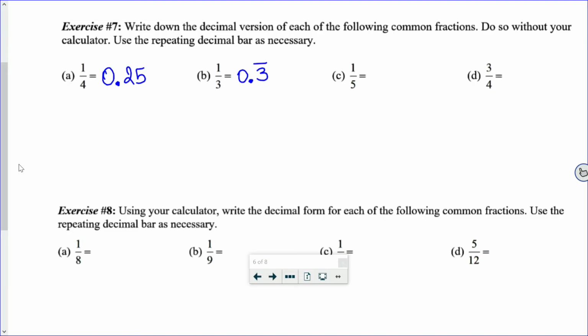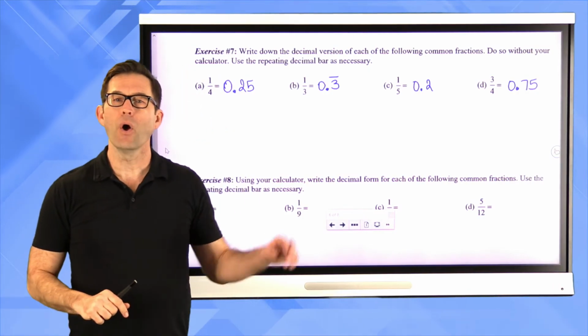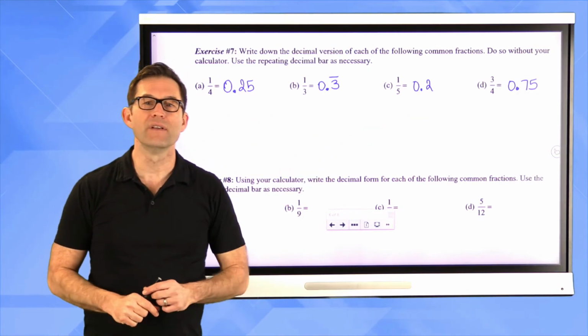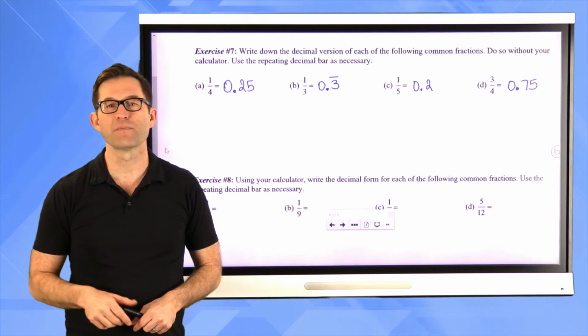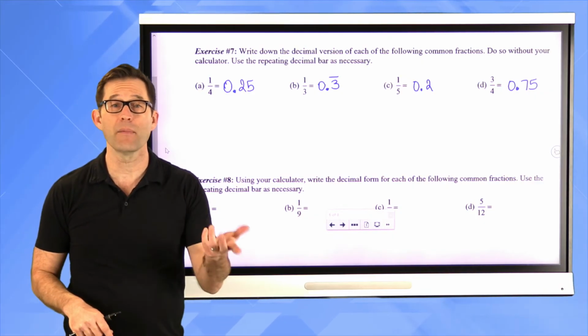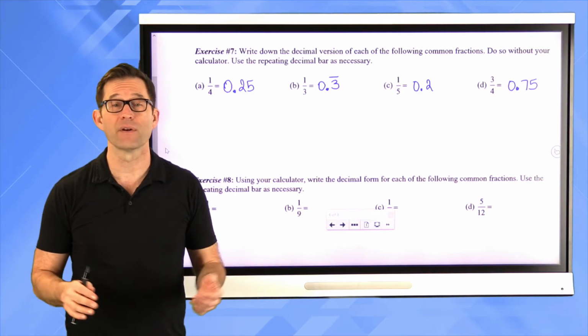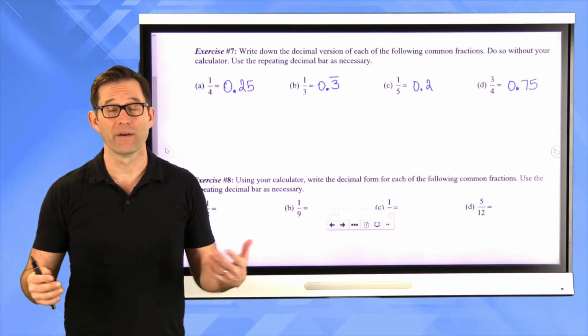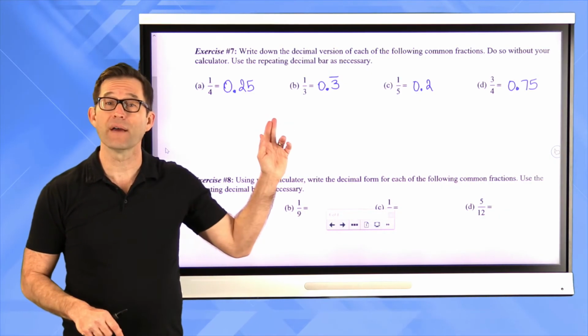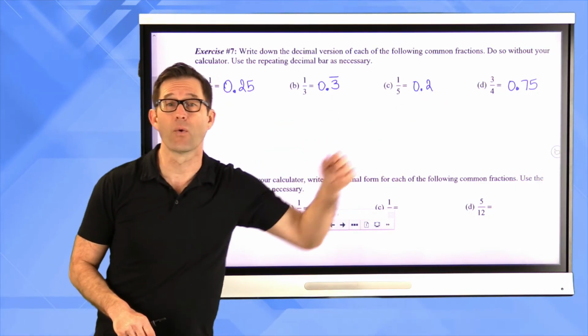So that's 0.3 with the repeating decimal bar. 1/5 is 0.2, that terminates, and 3/4 is 0.75. I would hope that both letter A and letter D you're very comfortable with simply from the perspective of money, right? If I said how many pennies are in 1/4, you would hopefully say 25, and of course, how many pennies are in $1, that would be 100, so that should make sense, and of course, 3/4 the same way.